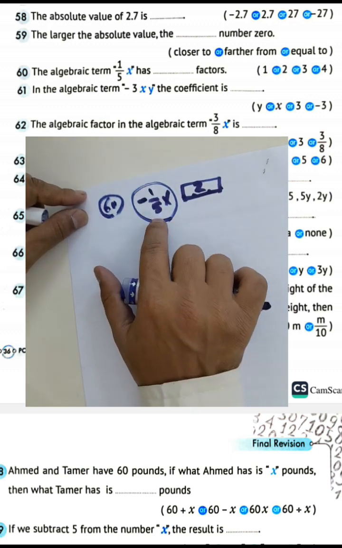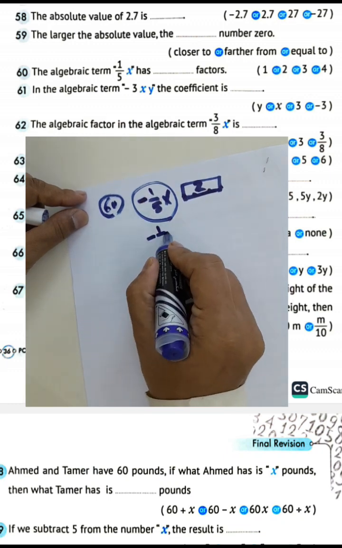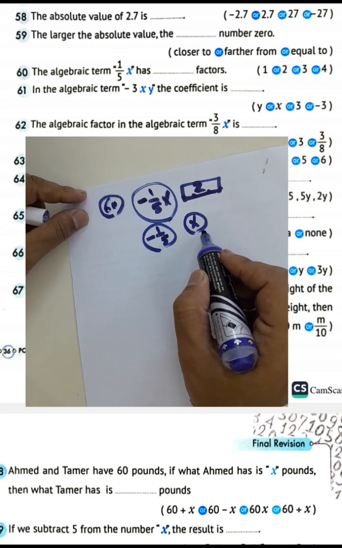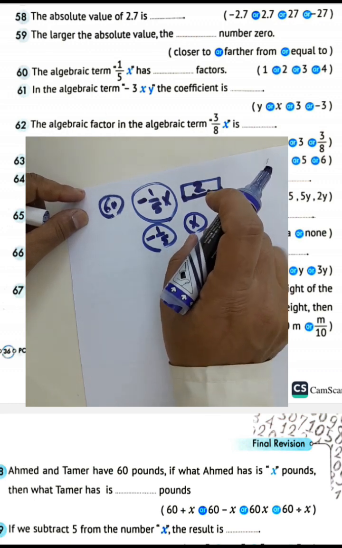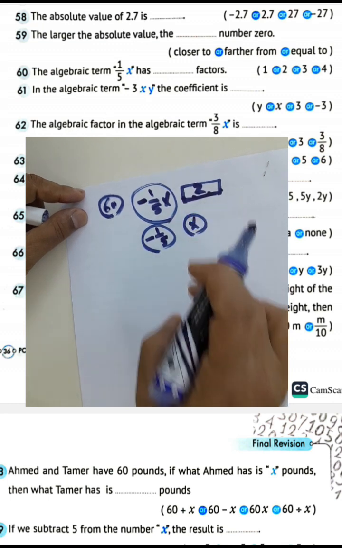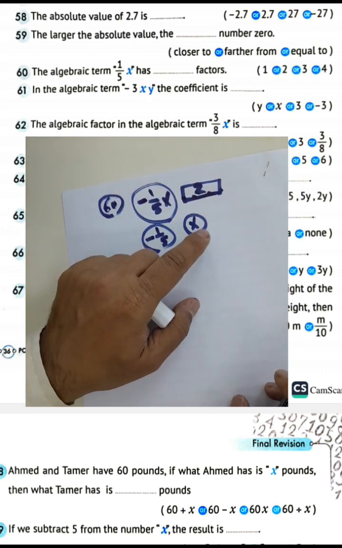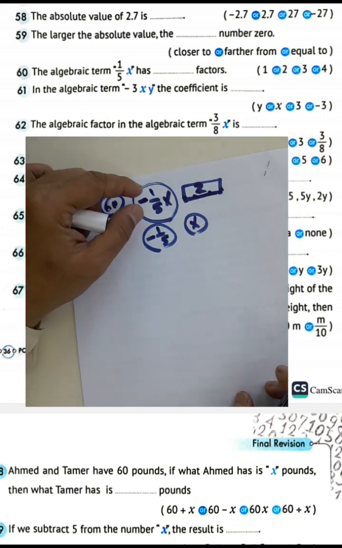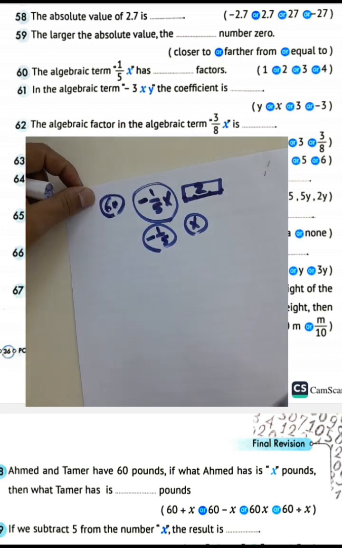Negative 1 over 5 is the numerical factor, and x we call the algebraic factor. Negative 1 over 5 is a known number, and x is unknown. So we have two factors in this term.